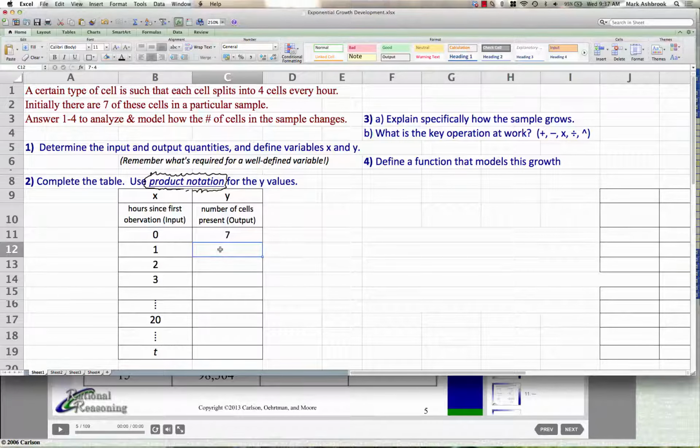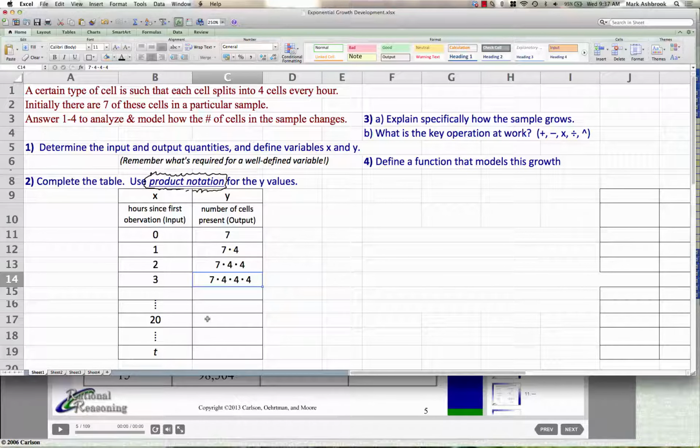Product notation for after 1 hour. Jessica? 7 times 4. That's it. After 2 hours. Natalie? 7 times 4 times 4. After 3 hours. Jad? 3 4s multiplied together.